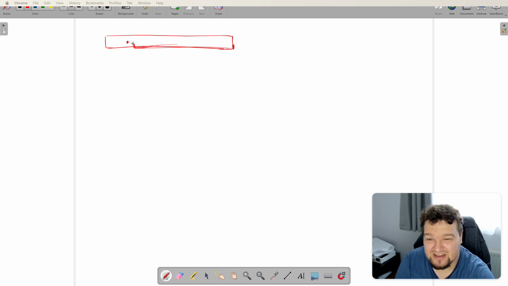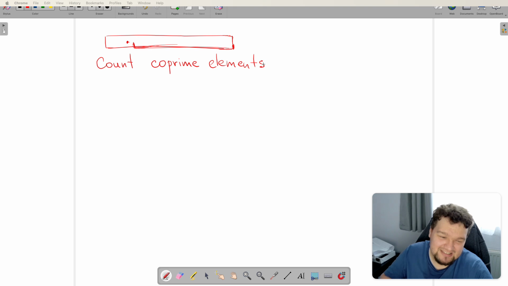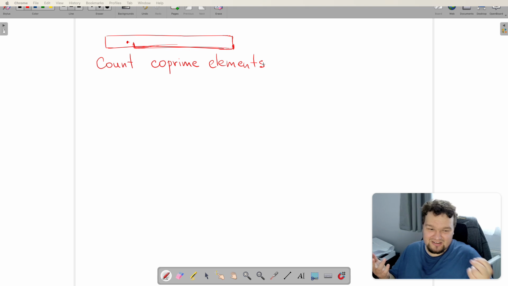Instead of checking if there is one, we will count. Sounds harder, right? Well, it's not easier, because checking if there is one is strictly not harder than counting, and that's basically what we're using.